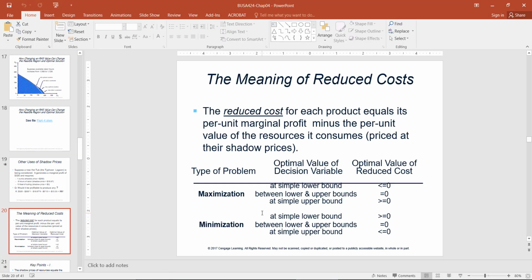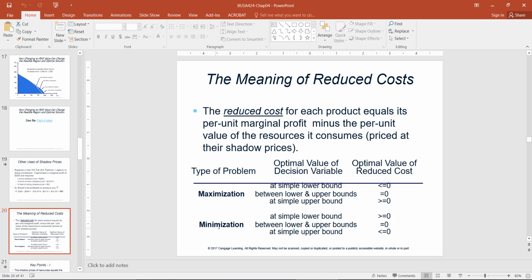Basically, if we have a maximization problem and the values of the parameters are between the upper and lower bounds, then the reduced costs associated with these parameters are 0. But if they are on the lower bounds, the value of the reduced cost is going to be negative, and if they are on the upper bound, then that's going to be positive.